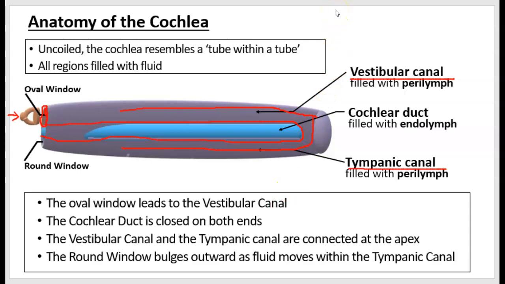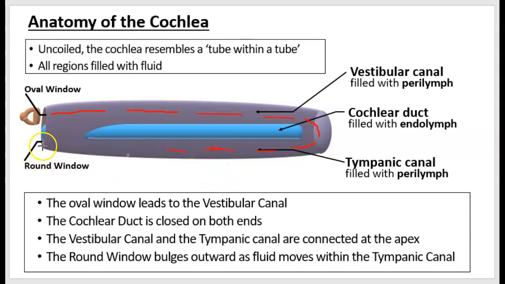Now, since all three regions, the vestibular canal, the cochlear duct, and the tympanic canal, are filled with fluid, fluid movement is going to happen first in the vestibular canal. And in some cases, that fluid movement is going to happen all the way to the apex of the cochlea and transmit within the tympanic canal.